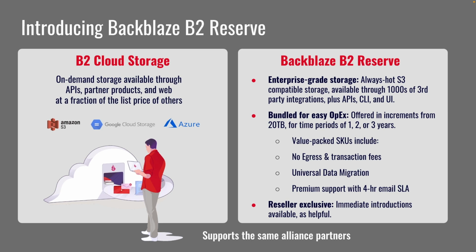When we talk about B2 Reserve, this is leaning more towards our channel partners, and it is specifically sold through the channel. It's a value packed SKU that includes the egress and transaction fees. We also have universal data migration, which I'll speak to in just a moment. And we offer premium support with a 4-hour email SLA on the B2 Reserve. Next slide.